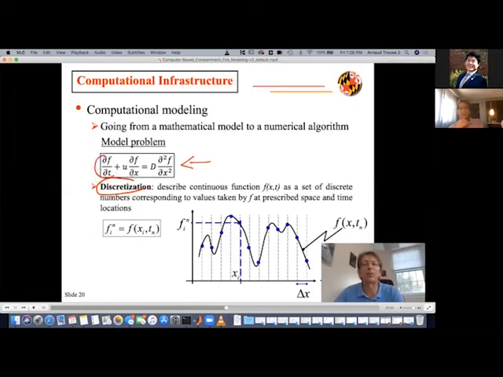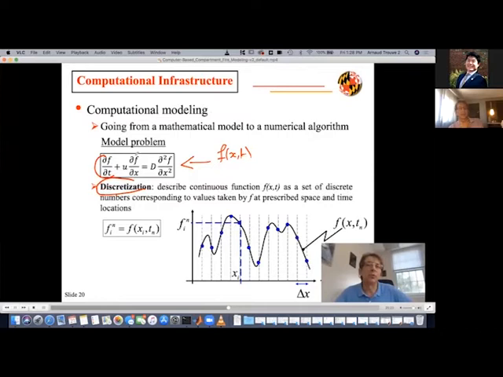To simplify, space will be represented by a single dimension x. So f is a function of x and t, where x is a spatial coordinate, again assuming one dimensionality, and t is time.